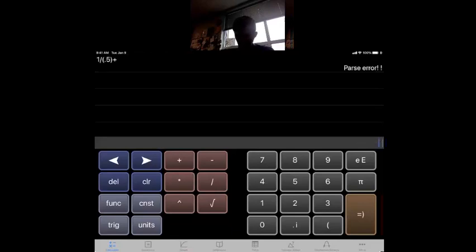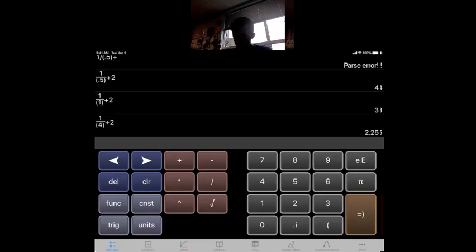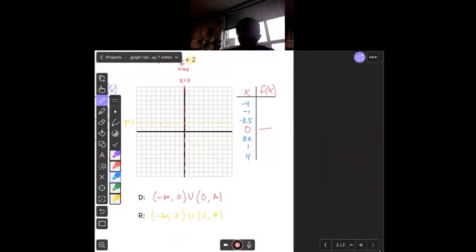And then +2, right? Oops, I forgot to hit 2. Calculator's like, what are you talking about? All right, +2. Then we wanted 1 away, so I would change that to a 1. And then I wanted 4 away, so I'll change that to a 4. So 4, 3, 2.25.